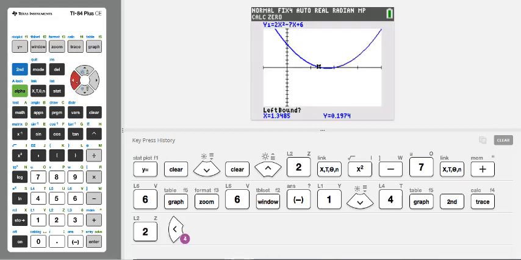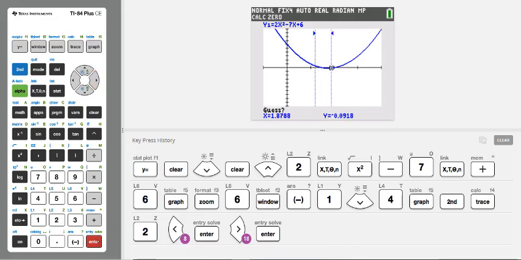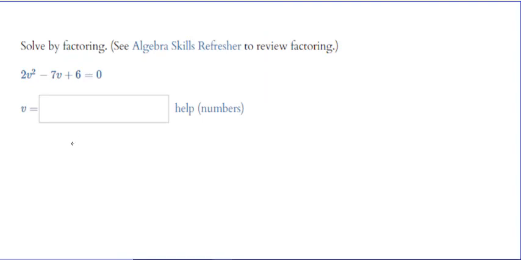So we'll be right here. Enter. And then I'll go there, and then enter. So 1.5 is one of the zeros.